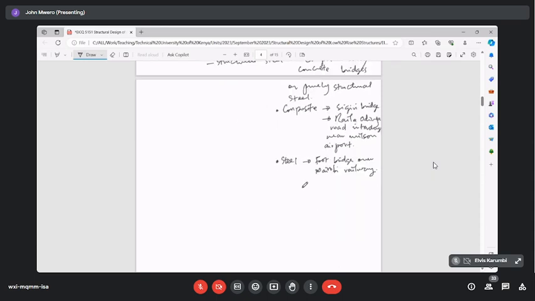That's purely structural steel. Okay. Now, this is the first approach of classifying bridges. We talk of the material of the bridge. We could also have other structural systems, like we could have truss bridges.